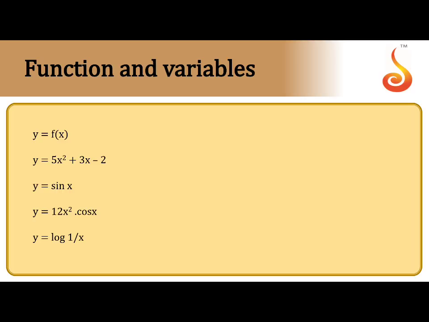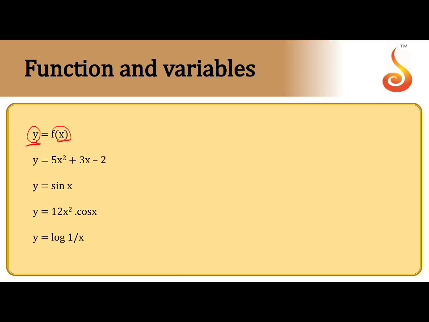We are familiar with some of these equations that we have studied in mathematics. In these equations, you observe that the term y in the equation depends on x. Hence, we say y is a function of x. Here, x is called as independent variable, y is called as a dependent variable.